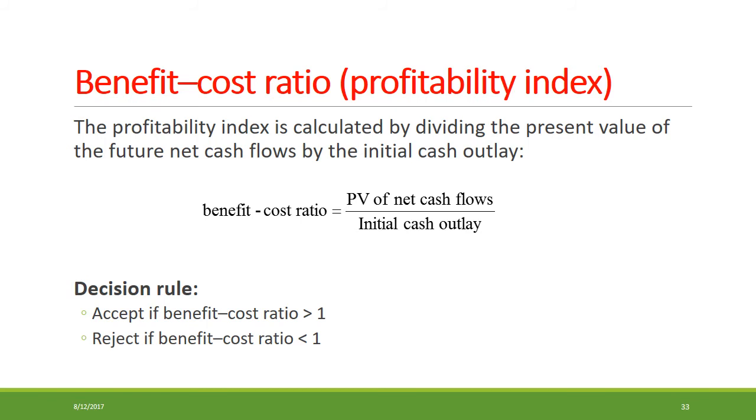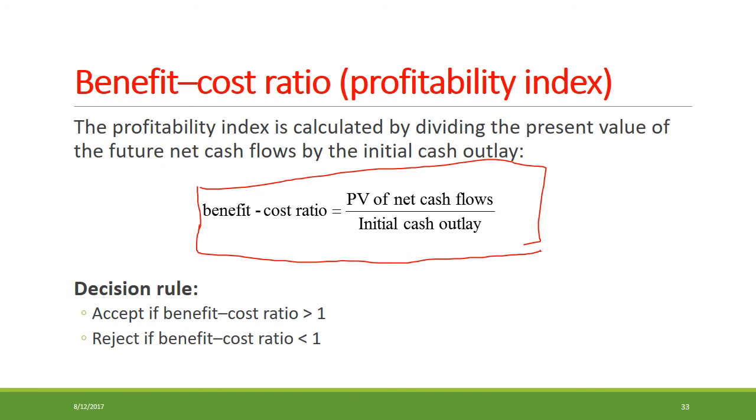We have the third method under the discounted cash flow methods. This is the benefit and cost ratio, or the profitability index. So how is it calculated? The benefit and cost ratio is simply the sum of the present values of future cash flows divided by the initial cash outlay.